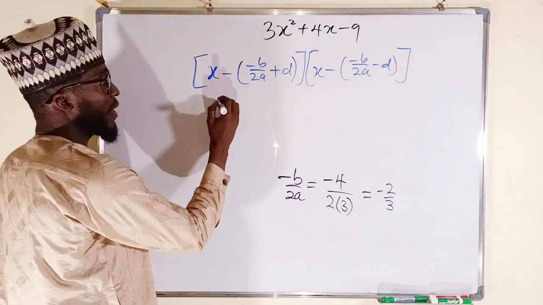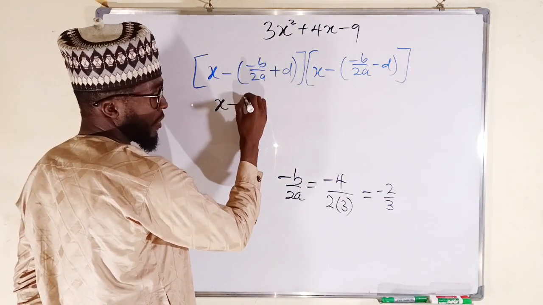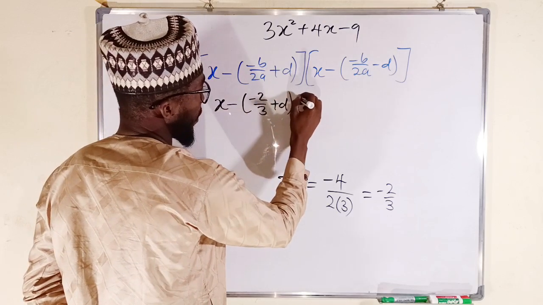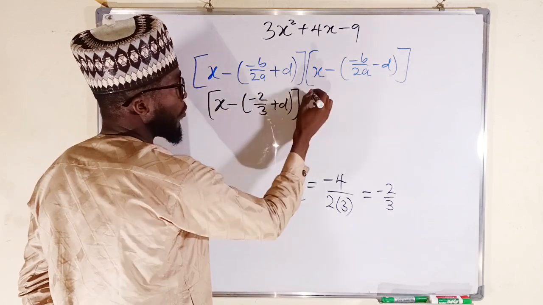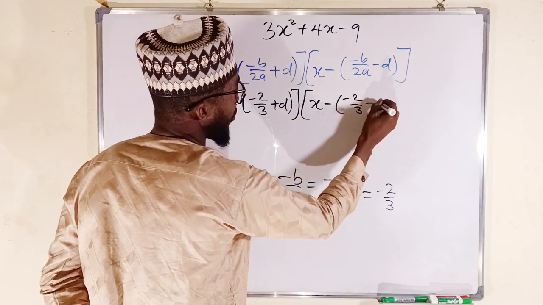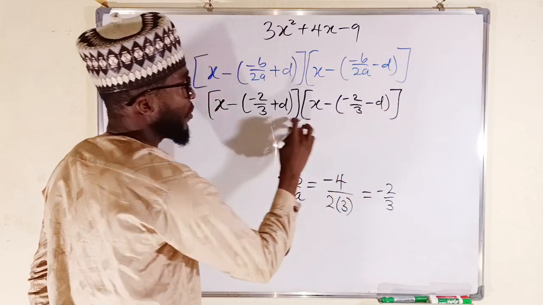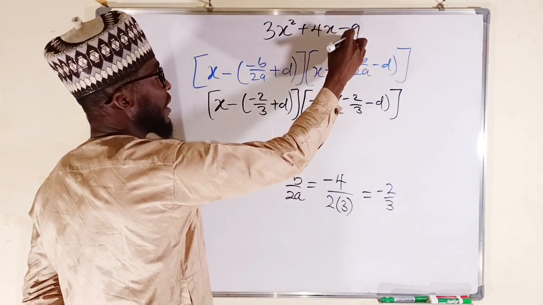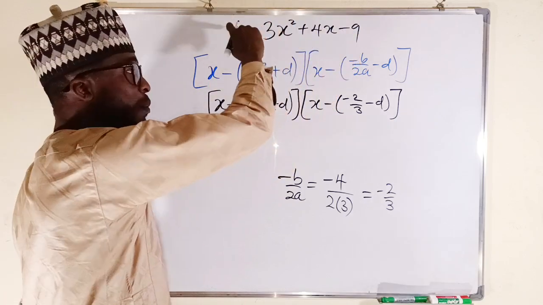So let me bring it back here. X minus 2 divided by 3 plus d, multiplied by x minus 2 divided by 3, then minus d. We take this, we multiply them together and set them to be equal to negative 9 divided by 3, right?